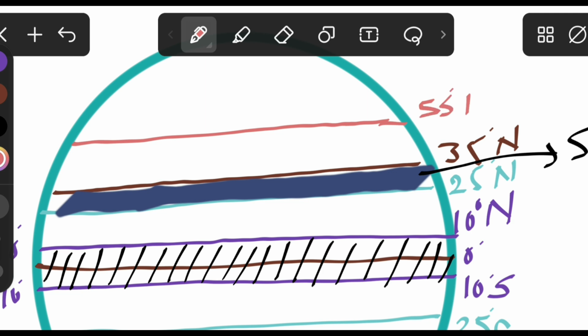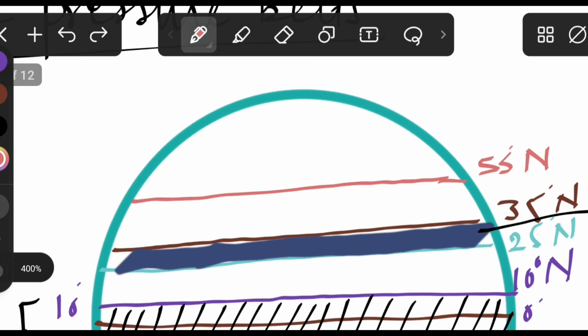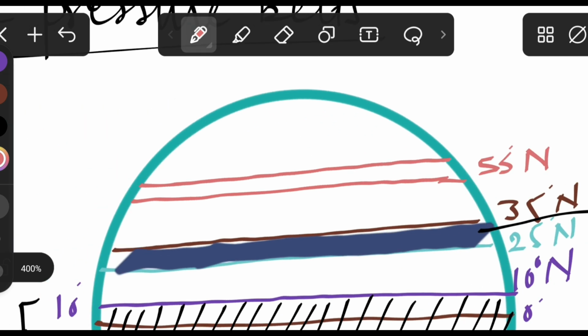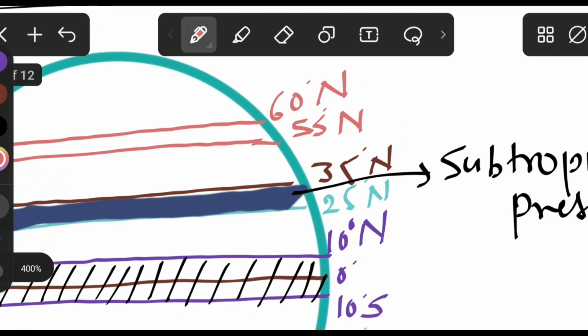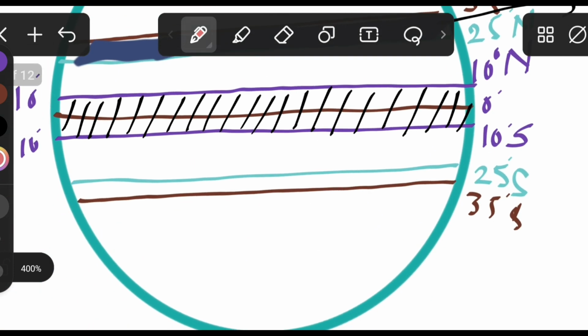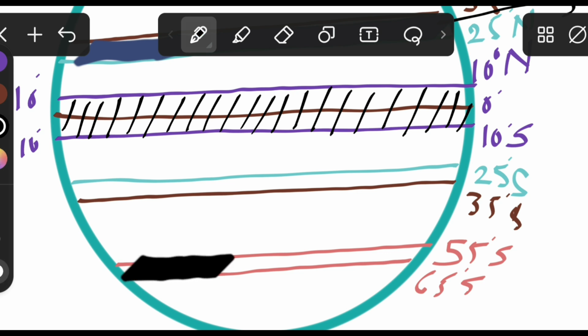Now move to the next belt, that is subpolar low pressure belt, and it is between 55 to 60 degree latitudes in both the hemispheres. It is also a dynamically induced pressure belt. So here air continuously ascends to the tropopause, exerts less pressure on the surface, so it is a low pressure belt.